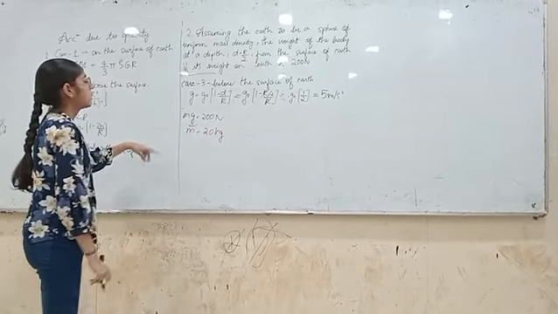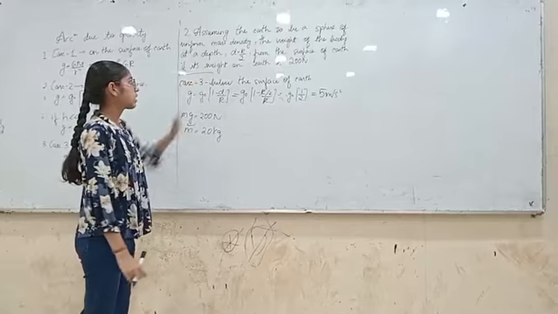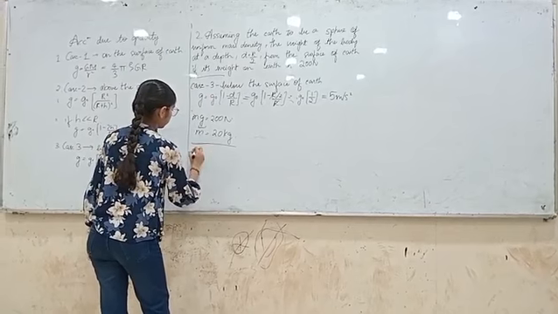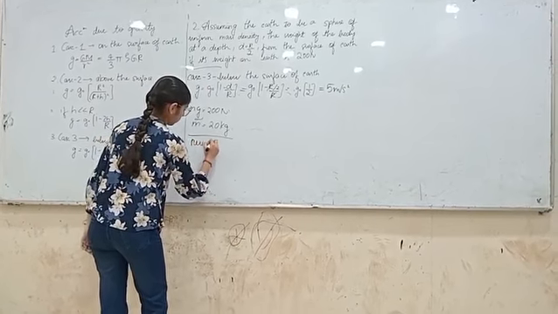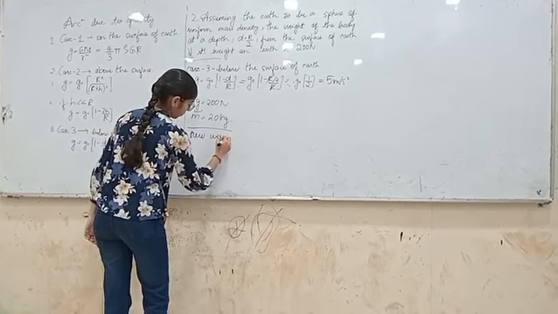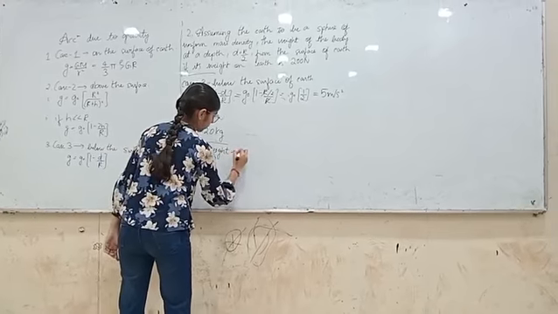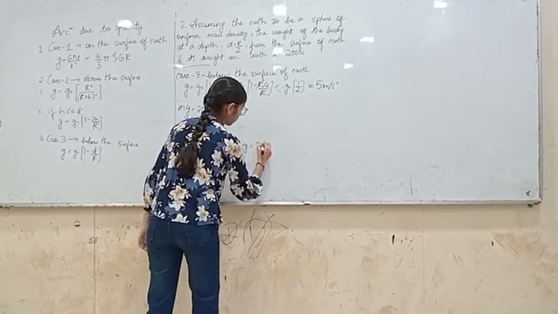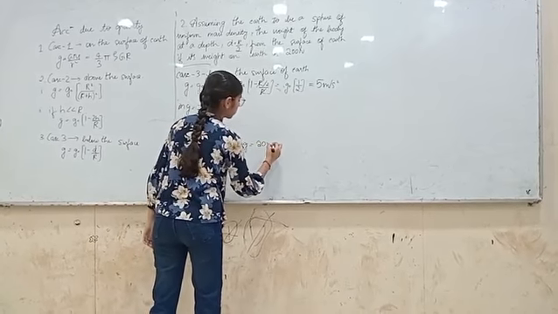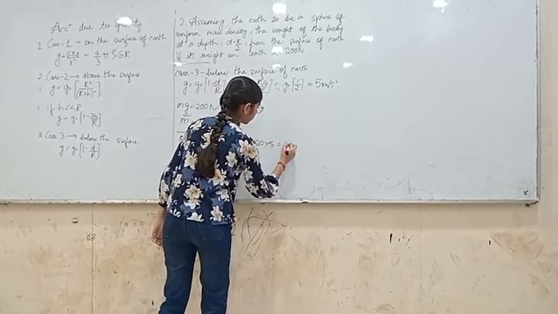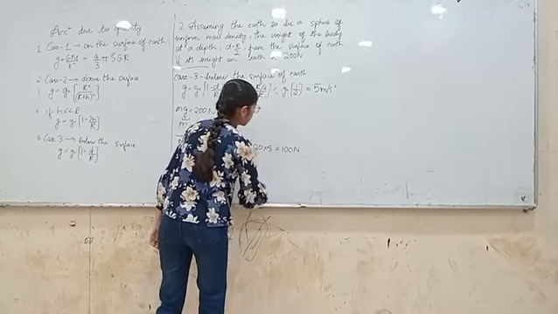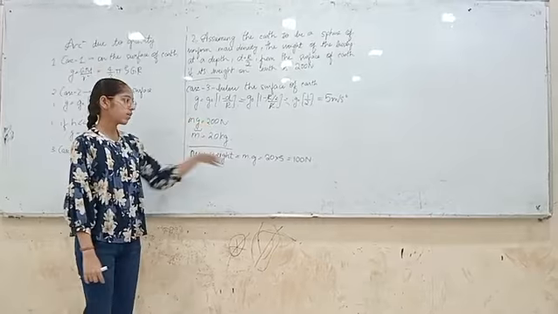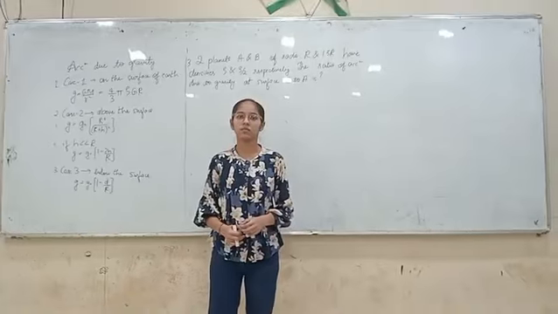Now we have to find its weight at a depth of d equal to R by 2. So the new weight at a depth of d equal to R by 2 is 100 Newton.